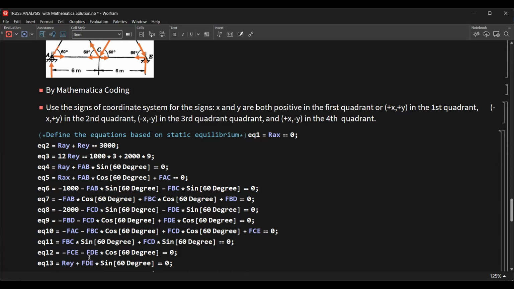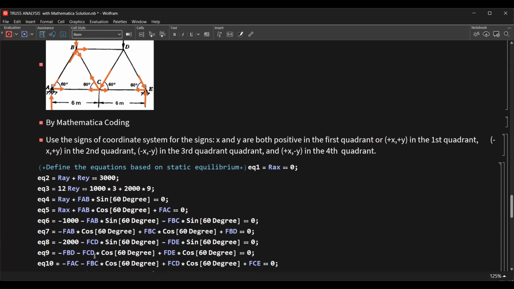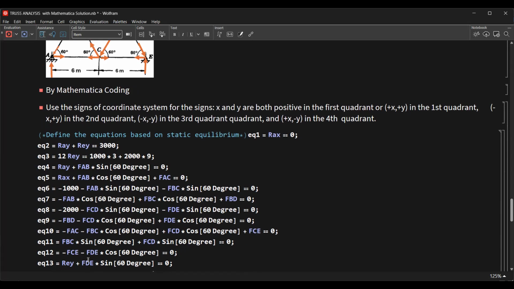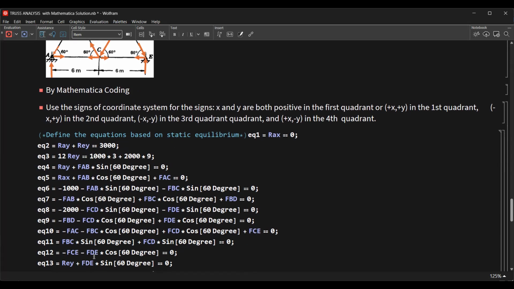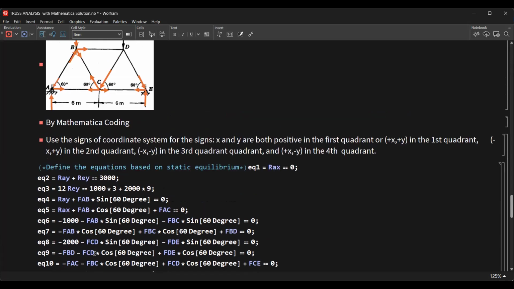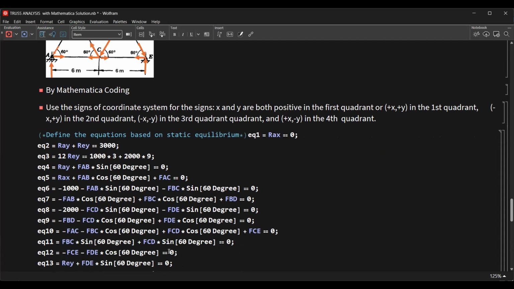For the X component here, FCE is negative to the left, and FDE is also negative, cosine 60 degrees, equal to 0.